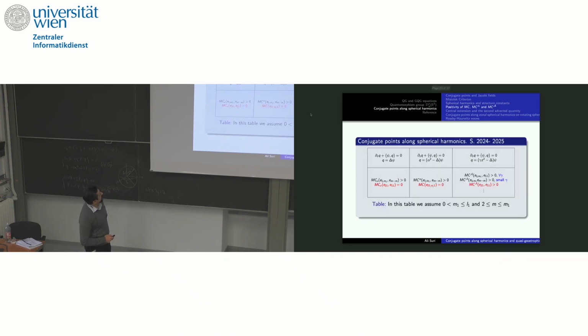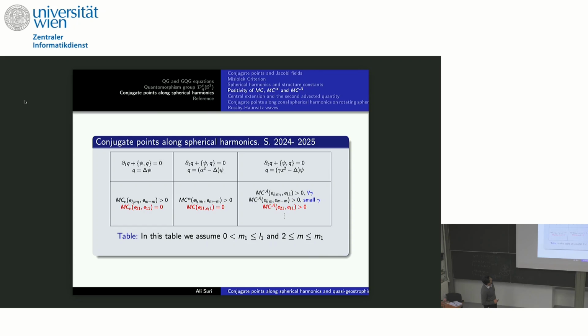What about just non-zonal spherical harmonics? Well, Preston and Lichtenfelz, last year they published a paper and they considered the group of volume preserving diffeomorphisms on the two-dimensional torus, and they considered the counterparts of the spherical harmonics on the torus, Kolmogorov flows.